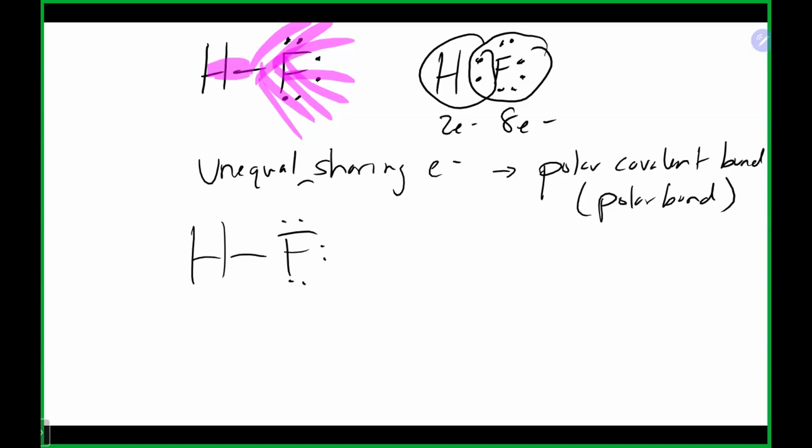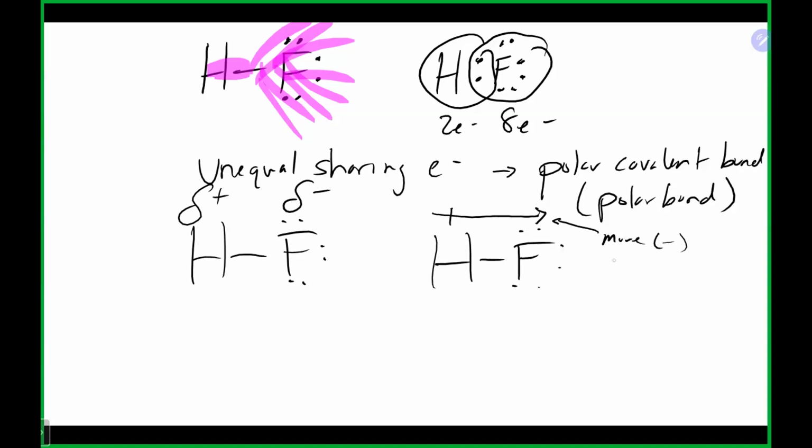And it creates a partially negative charge on the fluorine. That's a delta symbol, delta negative, and a partially positive charge on the hydrogen. It could also be represented with an arrow, which is known as a dipole arrow, where the arrow points to the more electronegative side, or negative side.